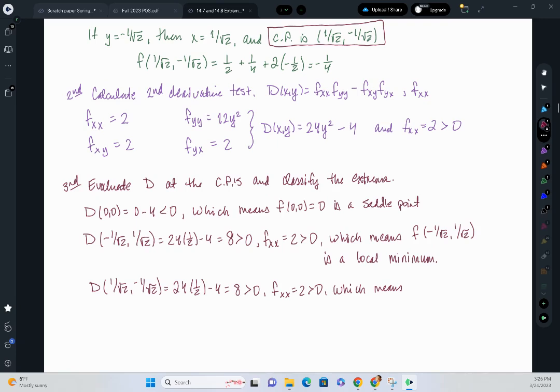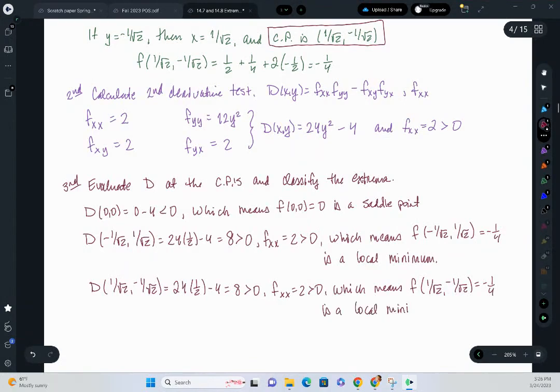F of negative 1 over root 2 with 1 over root 2 is equal to a negative 1/4. So this also means the same over here. F of positive 1 over root 2 with negative 1 over root 2 will also result in a negative 1/4. And this is a local minimum.